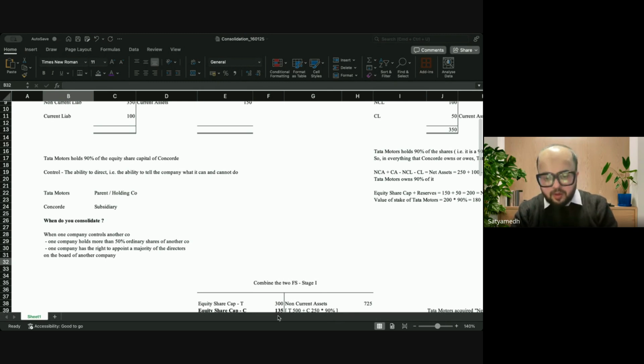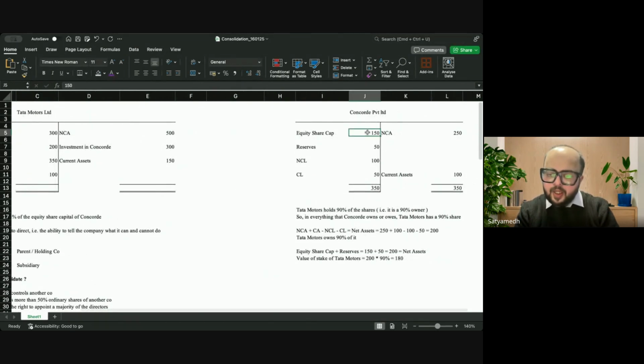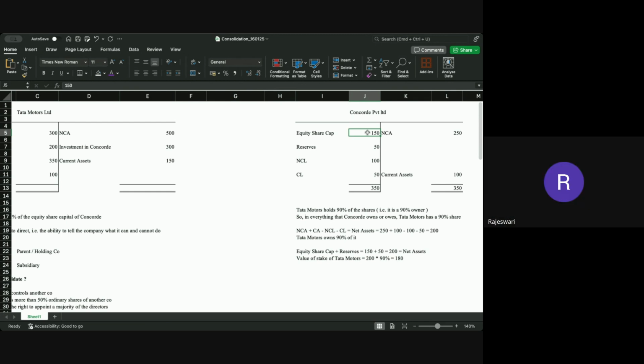I do see some questions being typed out. I'll share all the details that you have asked for. This was the starting point, where we showed 300 as Tata's investment in Concord. See, this equity share capital of Concord includes shares of everyone, my shares, your shares.